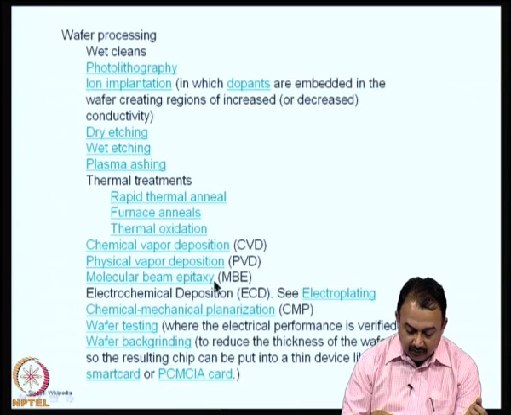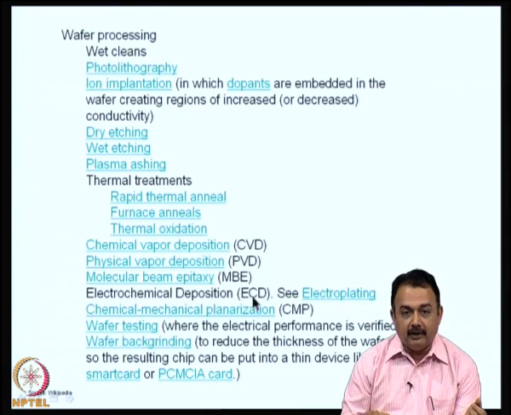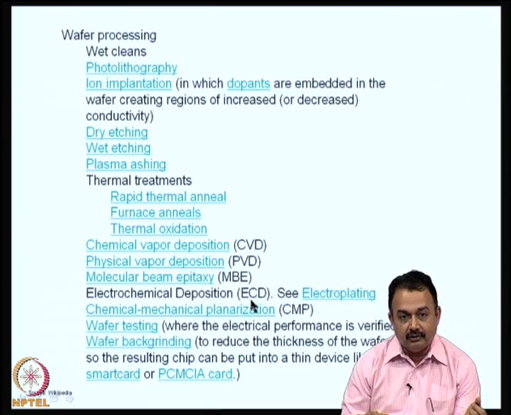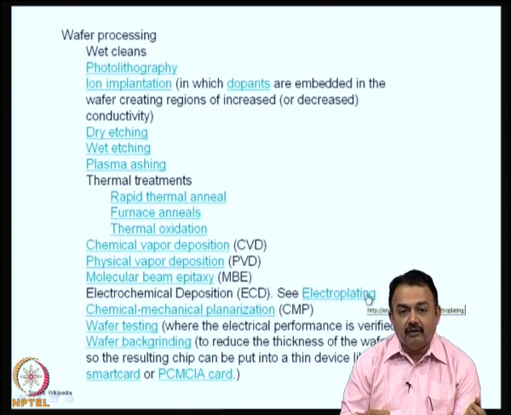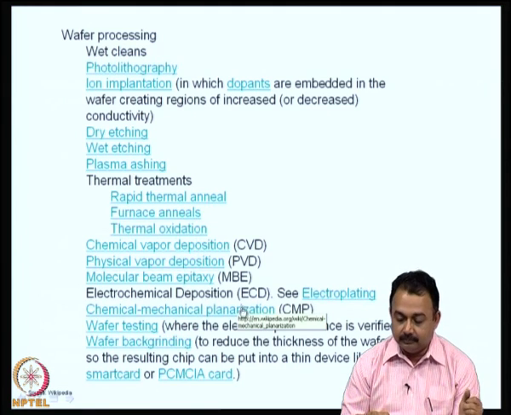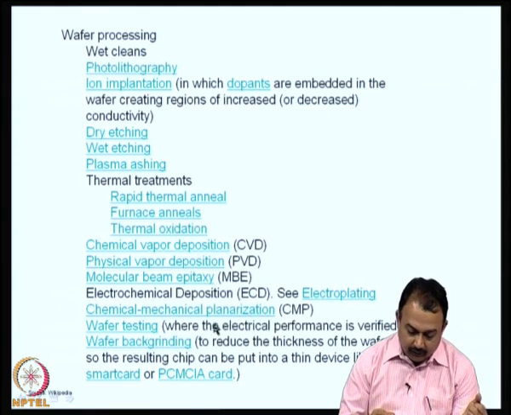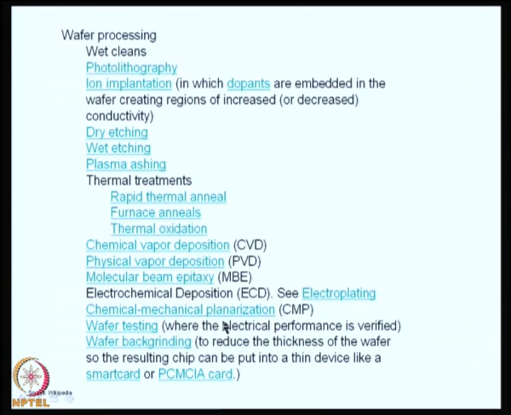Then you can have molecular beam epitaxy. You can also do electroplating or electrochemical deposition. So, the thickness for each of these will be different, and the choice depends on what kind of thickness you want. Then you have chemical mechanical planarization, which is again called polishing in simple terms.